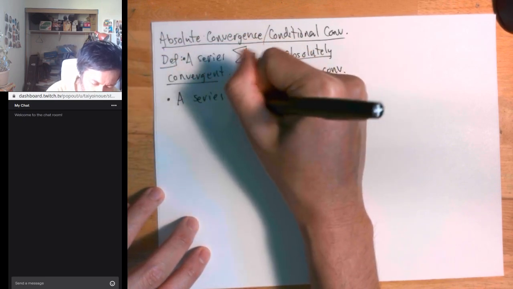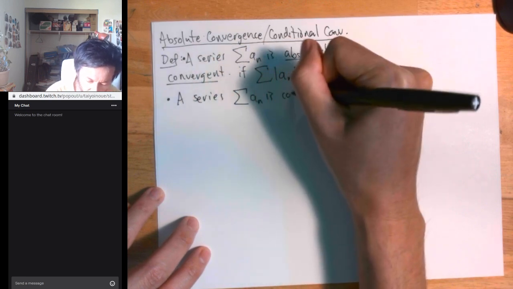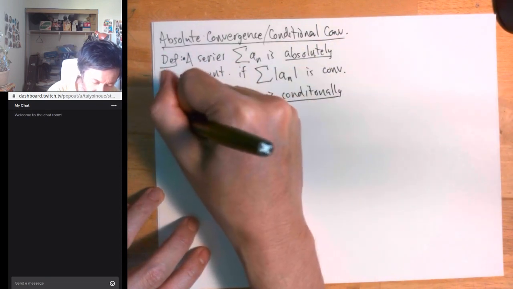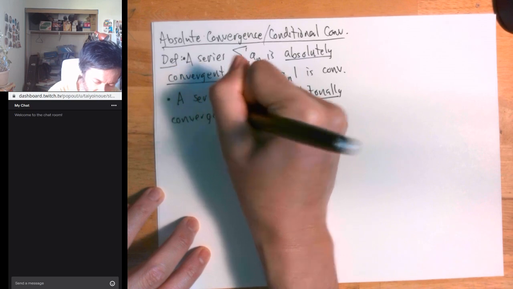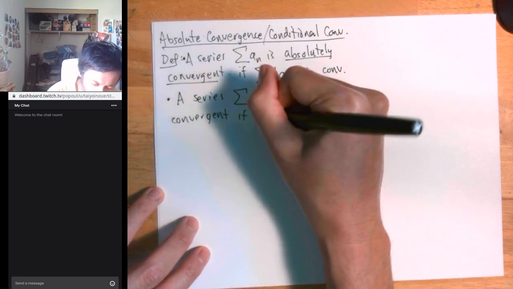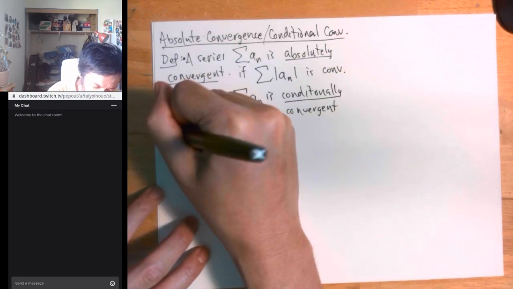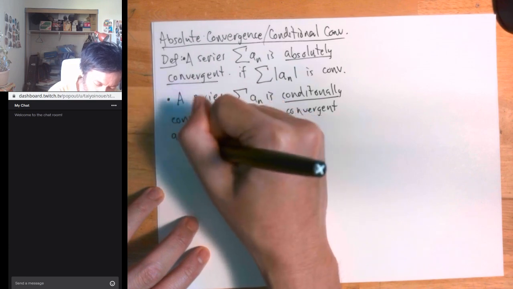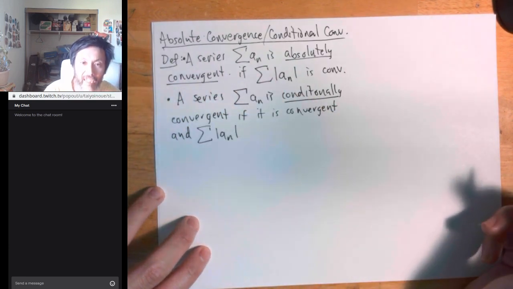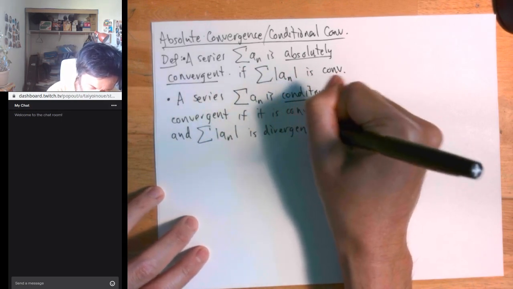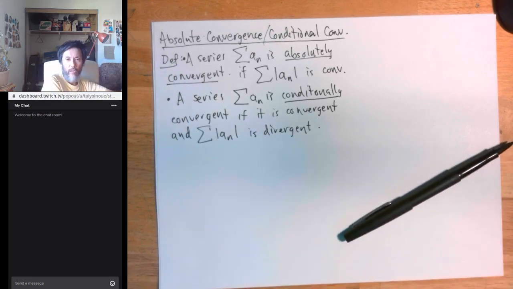A series is conditionally convergent if two things: it is convergent, and the sum of the absolute value of a sub n, this guy here, is divergent. So these are the two new definitions that I would like you to absorb.